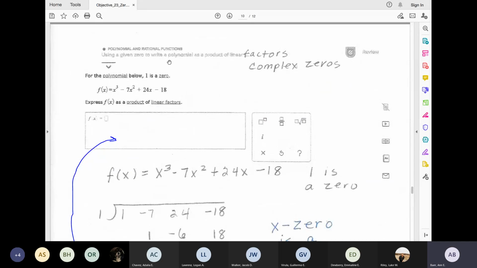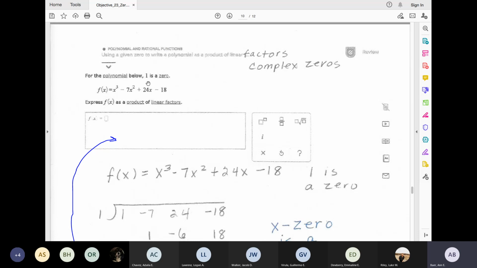Using a given zero to write a polynomial as a product of linear factors. So that's that first problem of the day. We wanted to write linear factors because that was the written work required problem, which required you to write linear factors. This problem requires us to write linear factors.